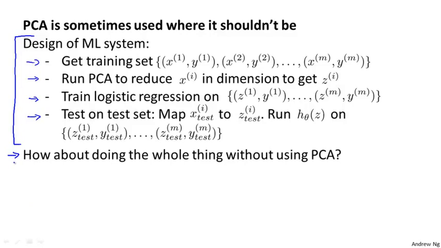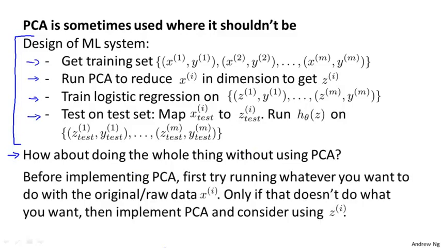And often people do not consider this step before coming up with a complicated project plan and implementing PCA and so on. Specifically, what I often advise people is, before you implement PCA, take whatever it is you want to do, and first consider doing it with your original raw data x^(i). And only if that doesn't do what you want, then implement PCA and consider using z^(i).